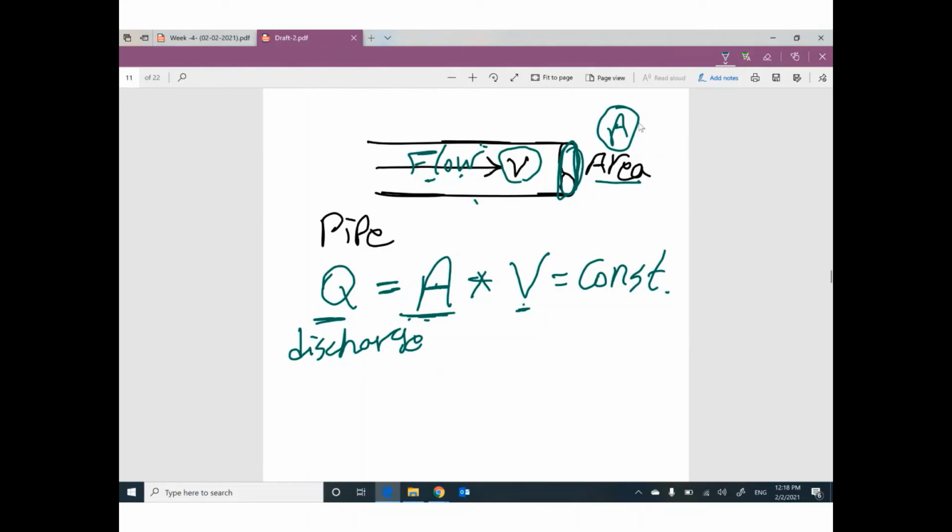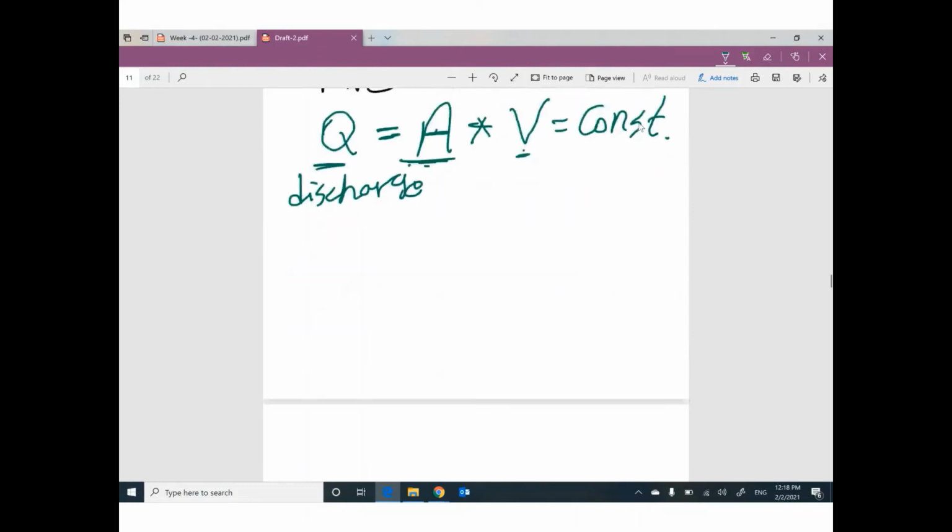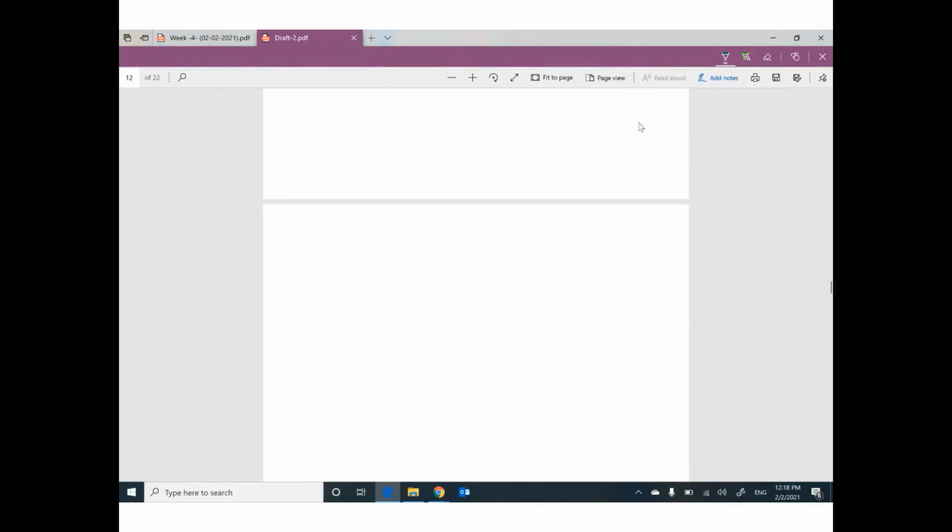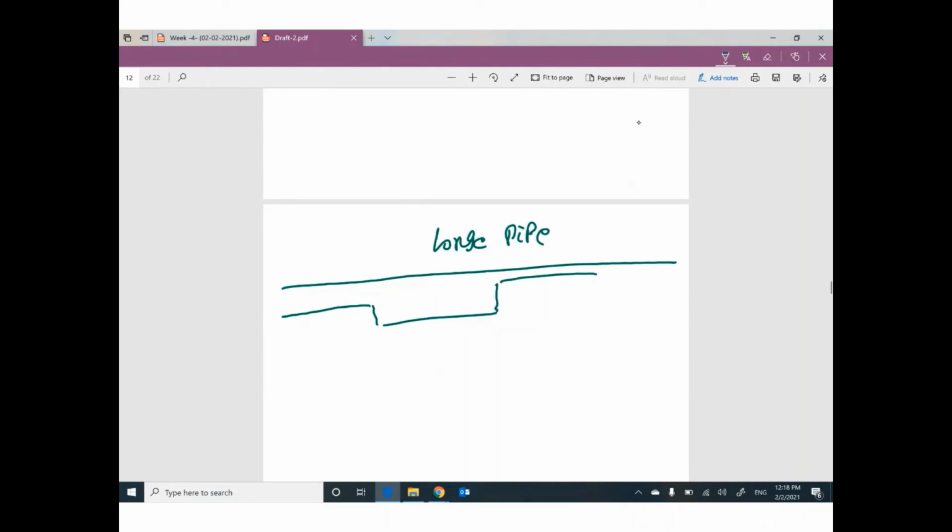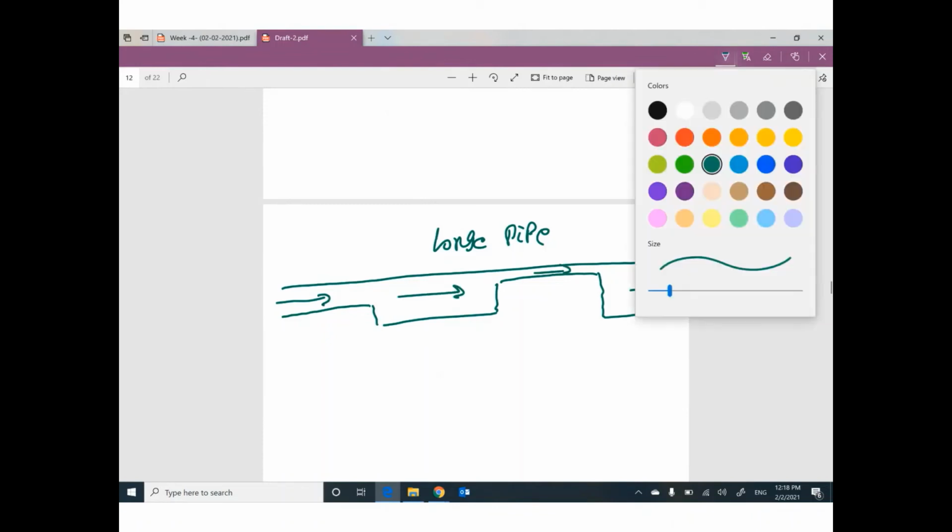What do I mean by constant? I mean, if you have a very long pipe, sometimes the diameter of this pipe is small, sometimes it increases, sometimes it decreases.